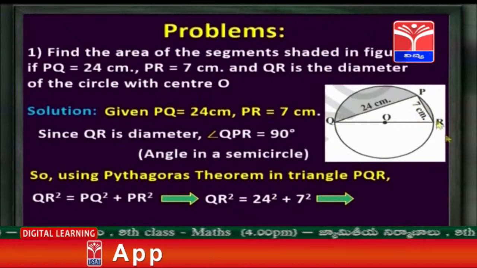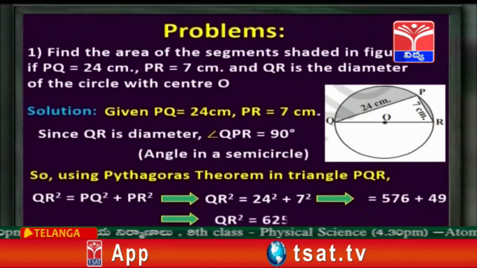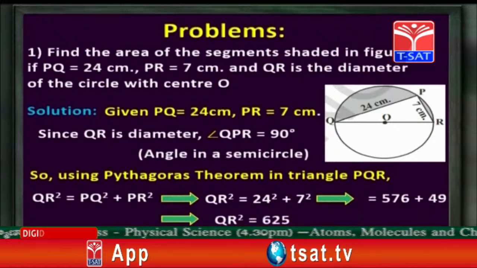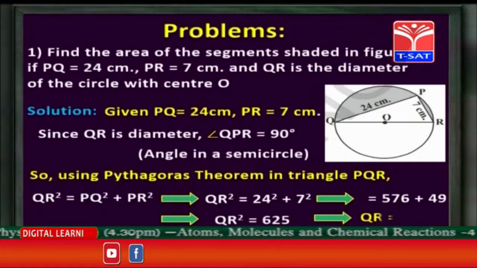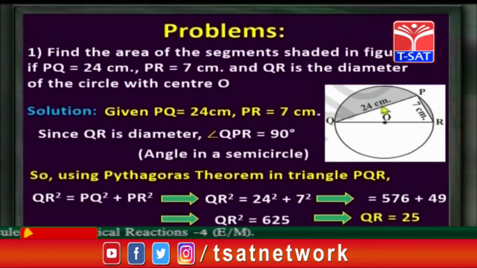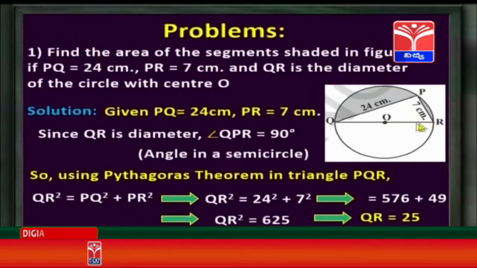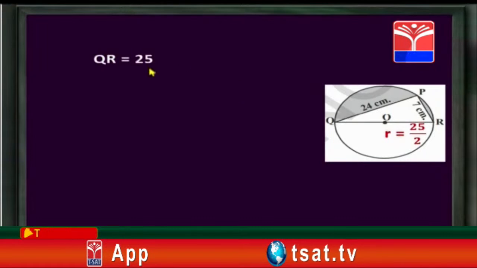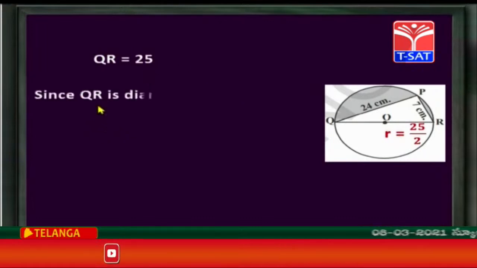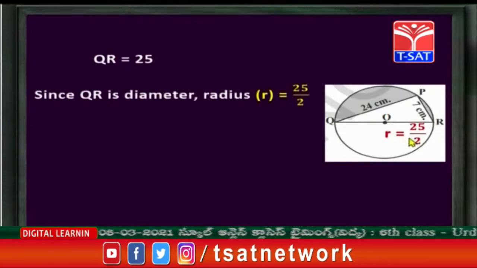This is 24 and this is 7. 576 plus 49, so QR square is equal to 625 and QR is equal to 25. So we know the diameter now. The diameter QR is 25. Then what is the radius? Since QR is the diameter, the radius R is equal to 25 by 2.